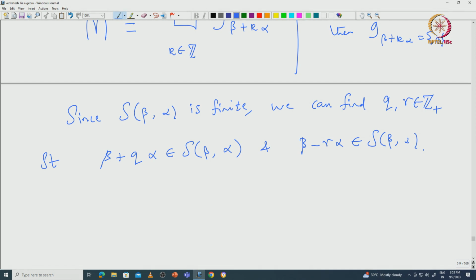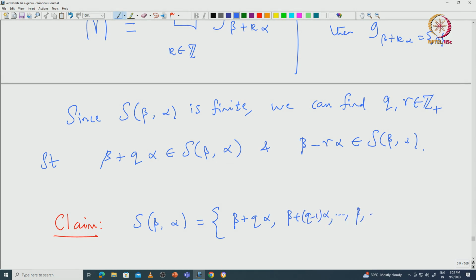Let me just tell you, I do not want to keep you in suspense. The claim is, if we take this S of beta of alpha, we will prove that it is indeed unbroken and it is going to be exactly equal to beta plus q alpha, beta plus (q minus 1) alpha, etcetera, beta, etcetera, beta minus r alpha.